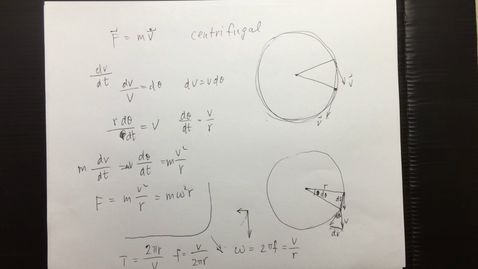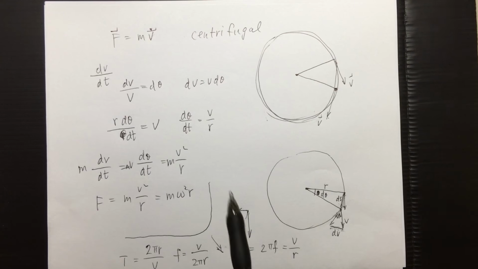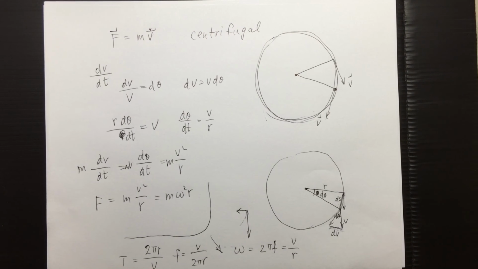Centrifugal force, okay? But this is a fictional force. That's when you're riding in this car, right? You feel you're being pulled outside. If you are riding in the car and the car is making a turn, you feel the force pulling you outside. It's called centrifugal force. Okay, this pronunciation is always a problem.